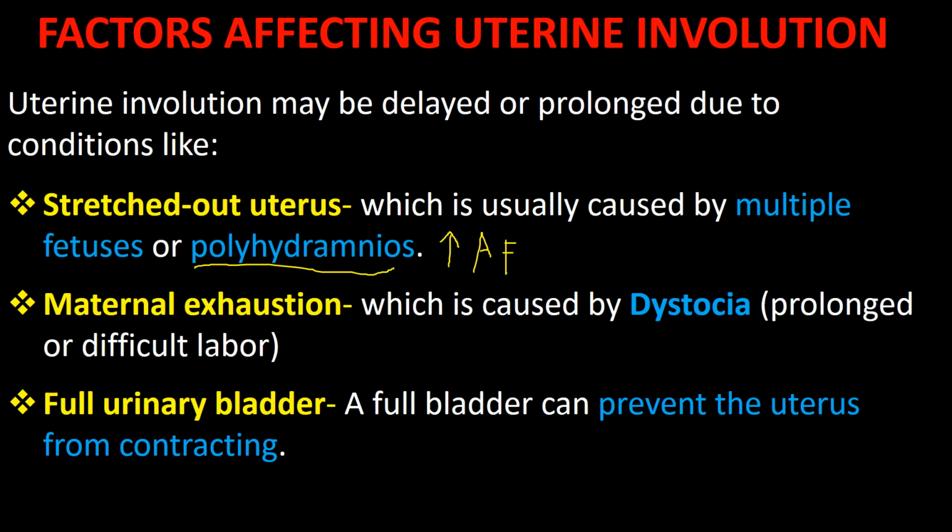So kung punong-puno po yung bladder, hindi po makakapag-adjust ng mabuti si uterus, hindi siya makakabalik sa dating position because the bladder is occupying a lot of space in the abdomen. Kasi nga po, punong-puno siya ng ihi. So always remember that a full urinary bladder will also impede uterine involution.